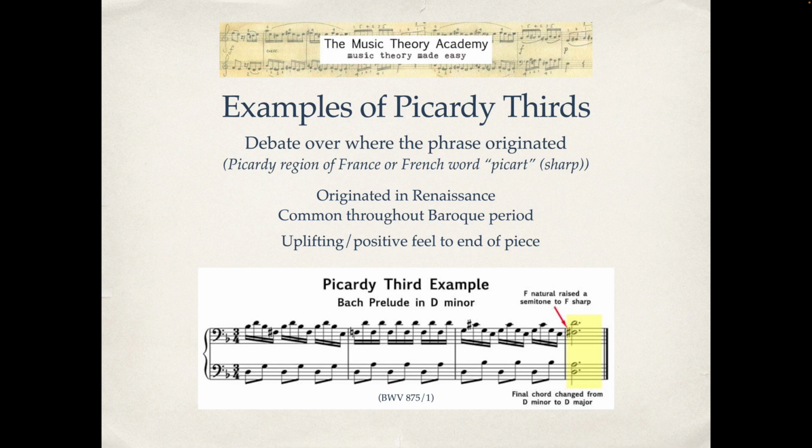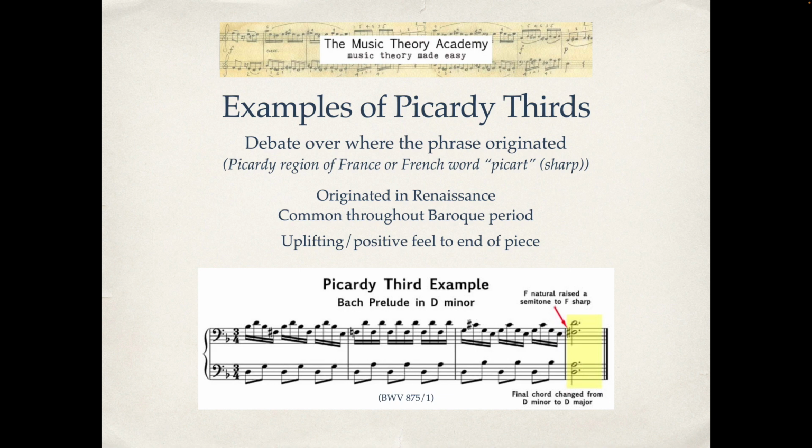Here's an example from Bach's Prelude in D minor. If I just play this nice and steadily, you'll hear the Picardy Third at the end. You can hear how Bach's raised that F natural by a semitone to F sharp to give that major chord feel.